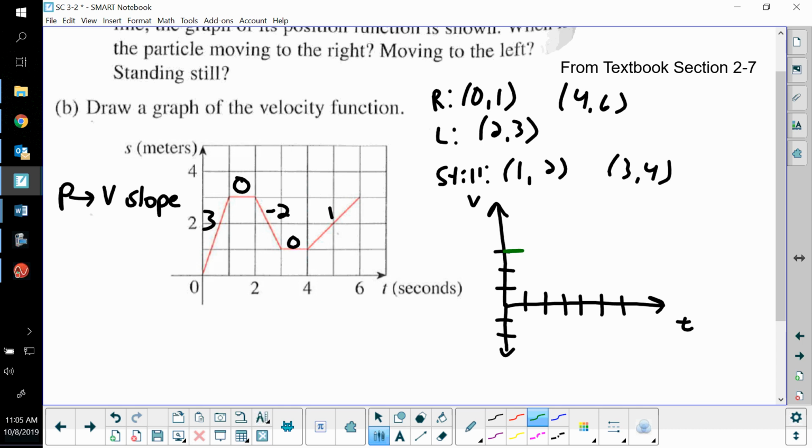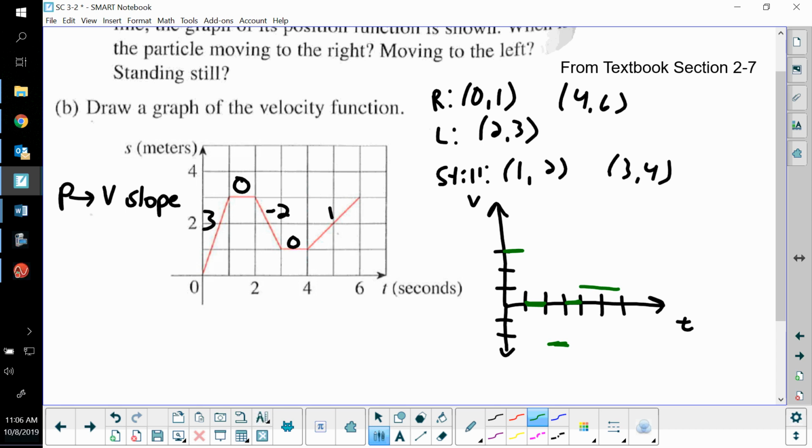So we'd have something that looks like that. And then we have a slope of 0 for the next 1 second. So we'd have our velocity graph look something like that. Then we're at negative 2 for a second, so we're down here. Then we're at 0 for a second, and then we're at 1 for 2 seconds. So this velocity graph corresponds with the position graph that we were given.